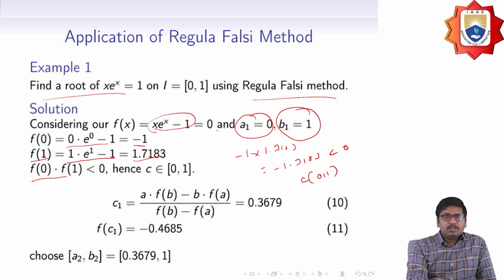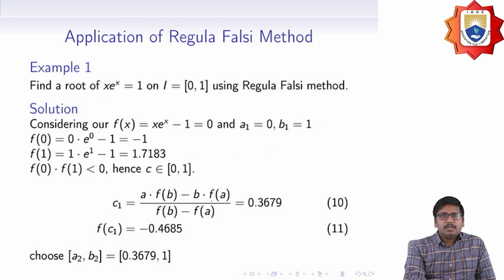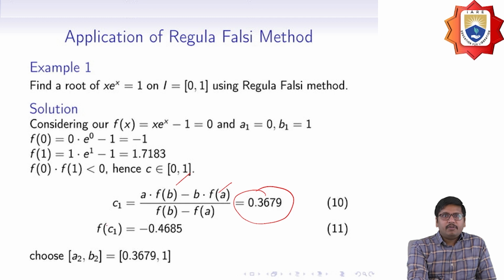So find c1 here: a into f of b minus b into f of a by f of b minus f of a, this will be the equation. By substituting these values, 0 into f of b and b into f of a, I'm going to get this. Then f of c1 is minus 0.468.